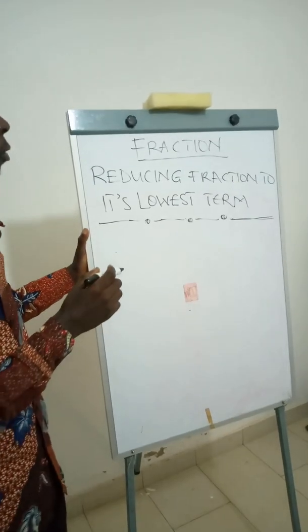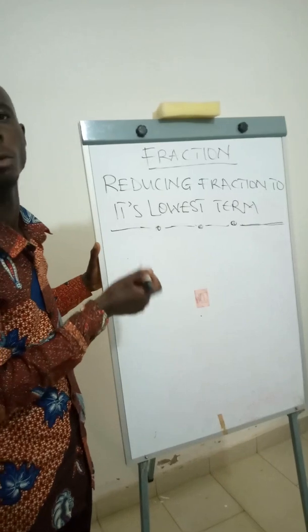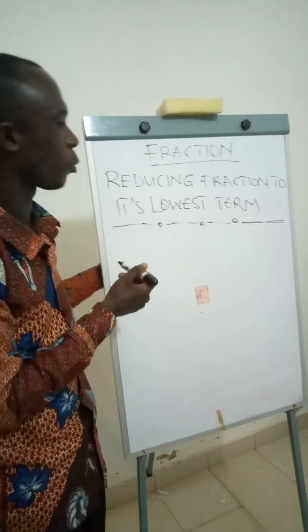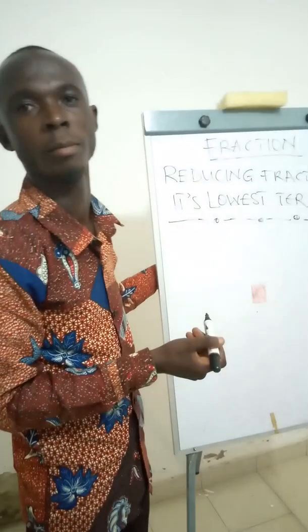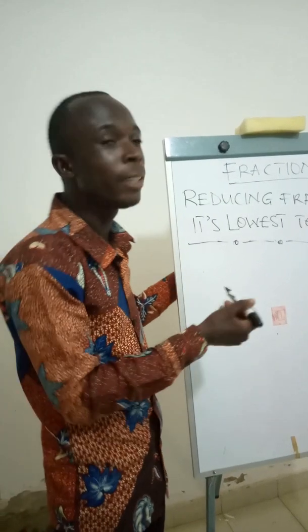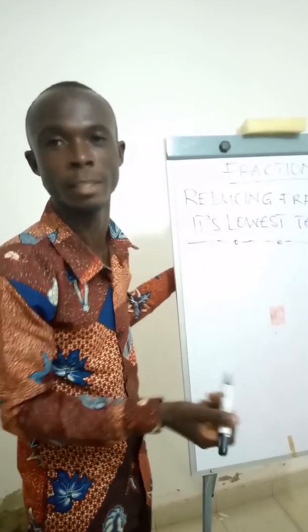We are still on fractions, and this section is on reducing fractions to their lowest term. One may ask, why should we reduce a fraction to its lowest term? This is because there is a heading under fractions called operations on fractions.